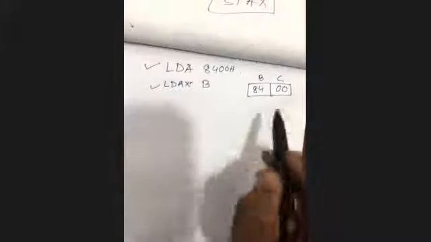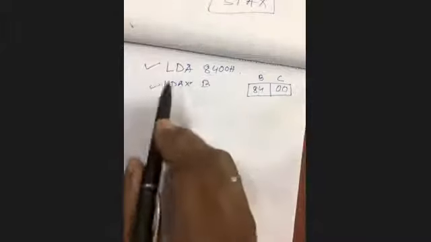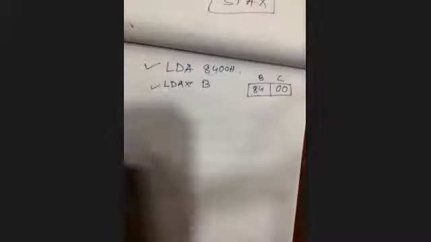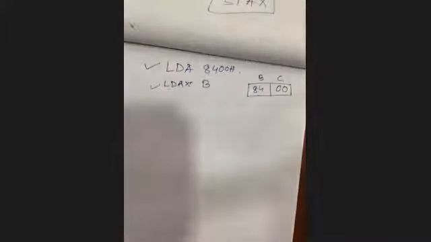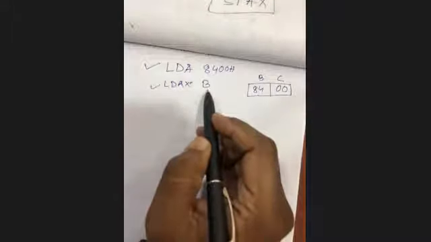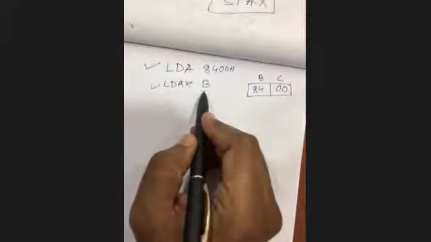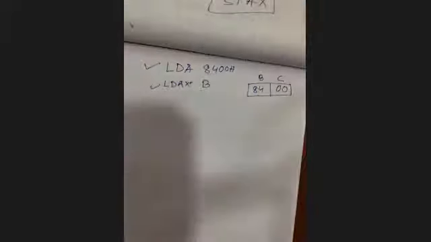So what is the function of LDAX B? The content of the particular memory location which is addressed by the BC register pair will be copied into the accumulator.